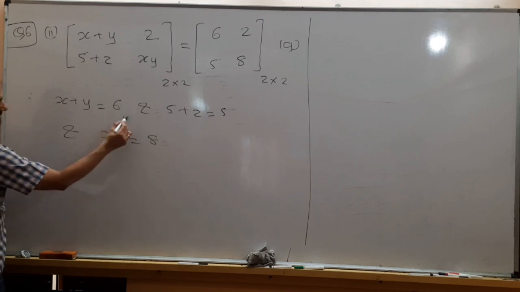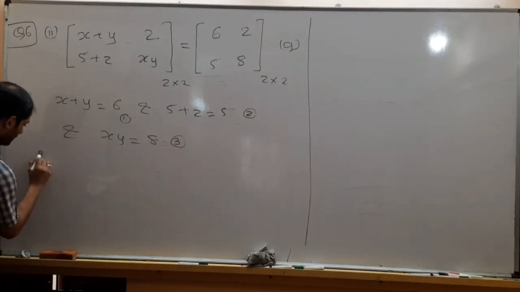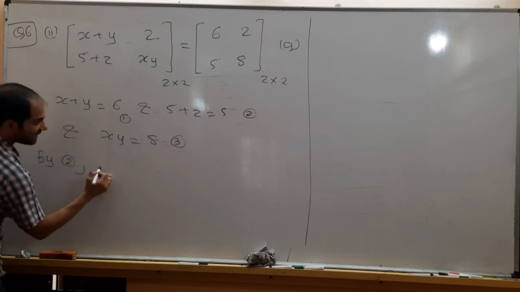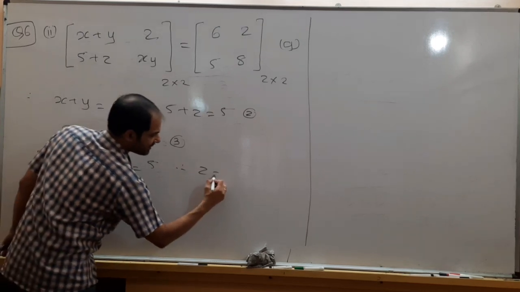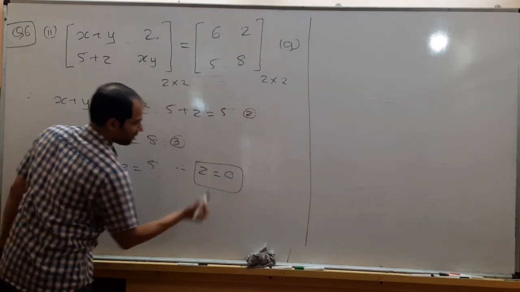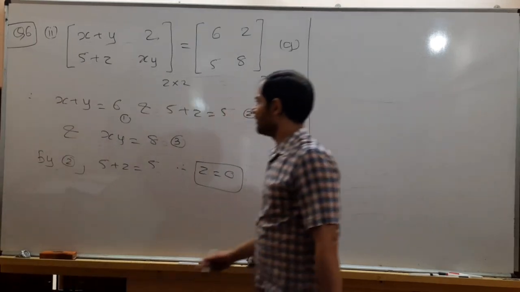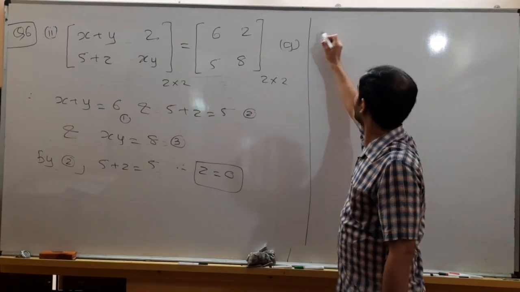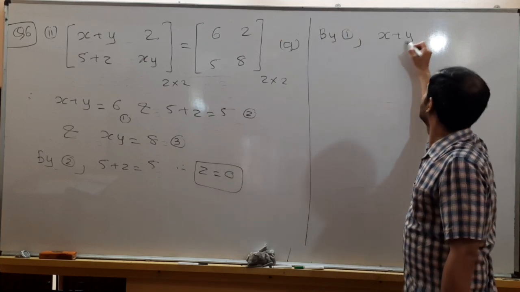Okay, so I will write this as first equation, and then the second equation, and then the third equation. Now what I end up getting, 5 plus z is 5. So what is it? 0. Remember that I end up getting z as 0. Now we have equation 1: x plus y is equal to 6.